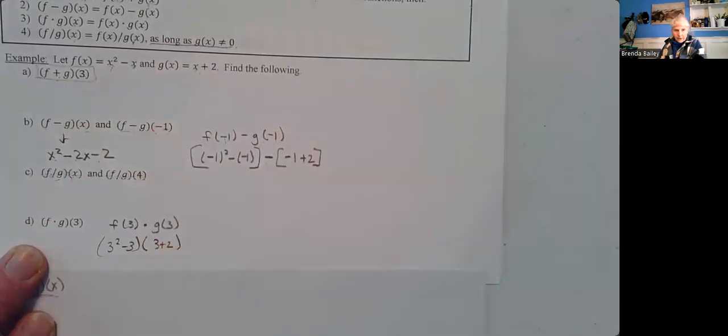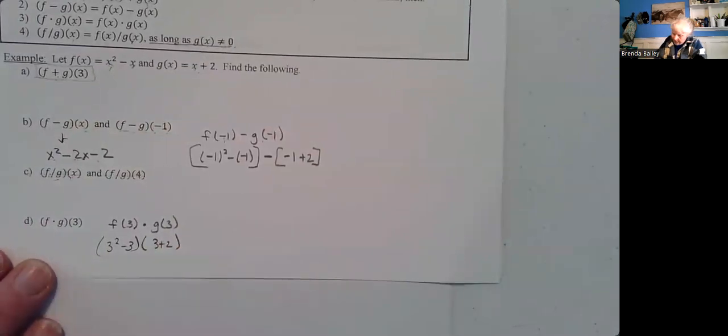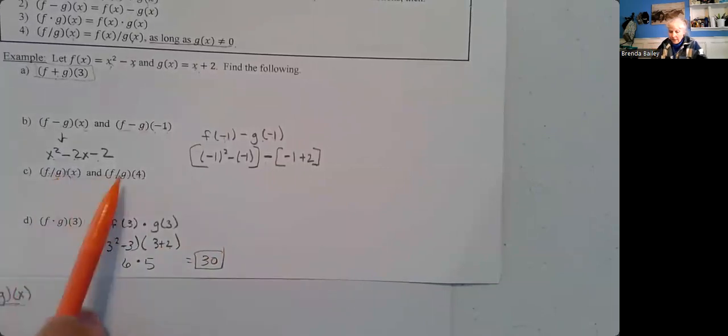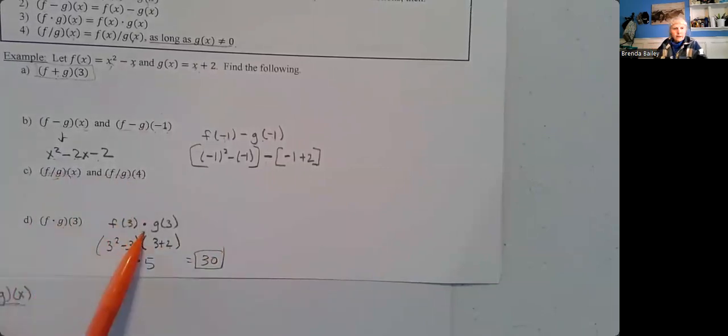Then you multiply those two answers together. 9 minus 3 is 6, and 3 plus 2 is 5. So the answer is 30. So you've got some options here: finding the combined function and using it, or finding them separately and then doing the operation they want you to do.